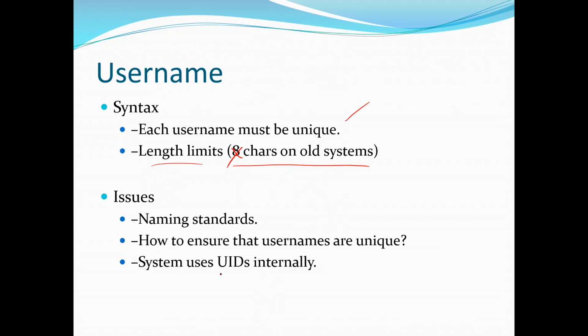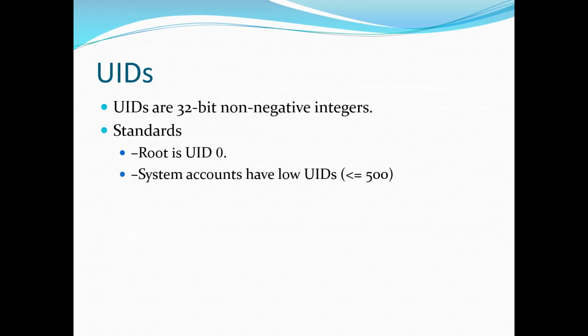To ensure uniqueness, though, you will have UIDs. The UIDs are unique, so you can't have duplicated UIDs. A UID is a 32-bit non-negative integer. As I've mentioned before, the root user is 0.